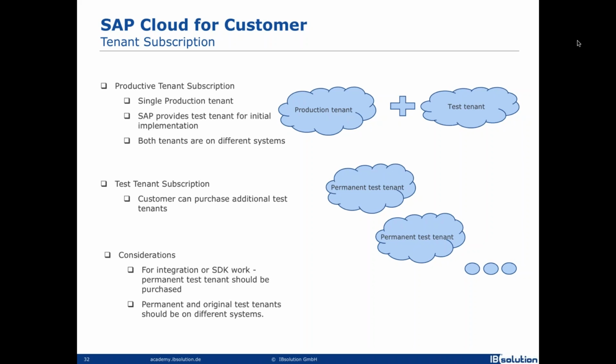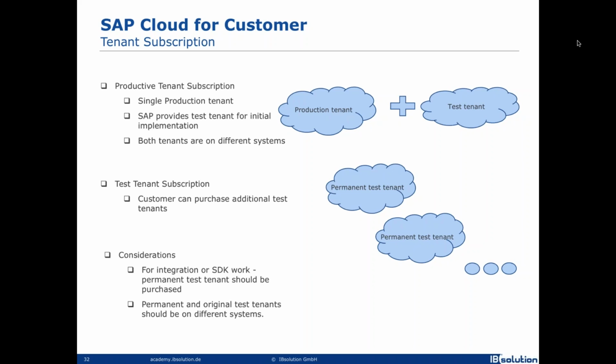If you want, you can purchase an additional test tenant depending on your use case. For example, if you're going to have a custom development, SAP recommends, I would say SAP insists on, purchasing an additional permanent test tenant which will be used only for the custom development.